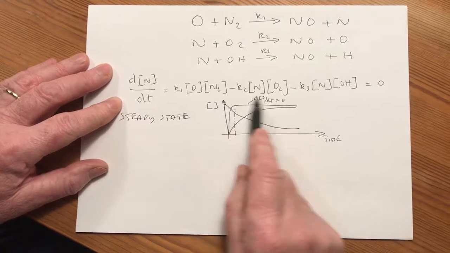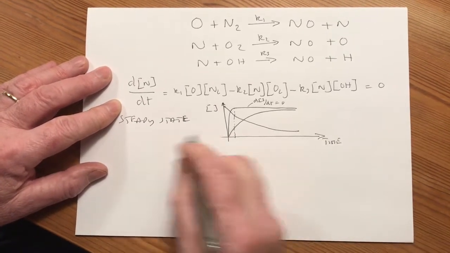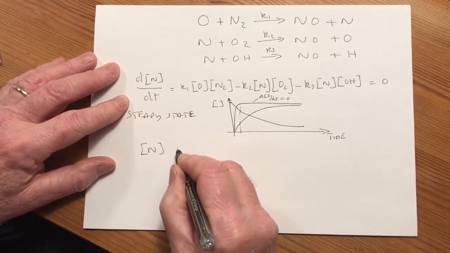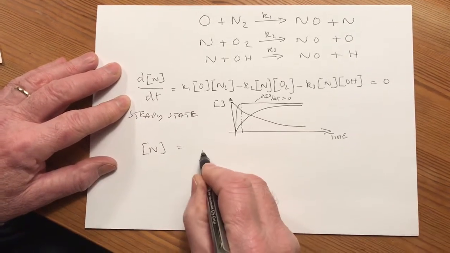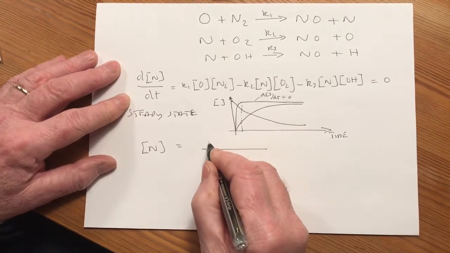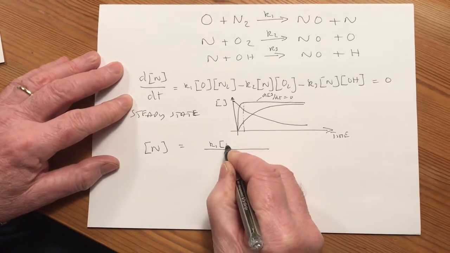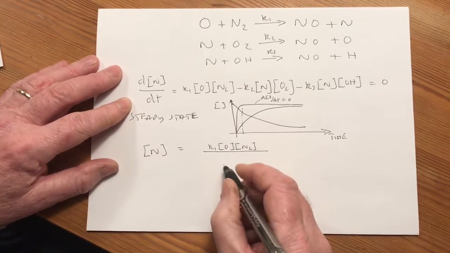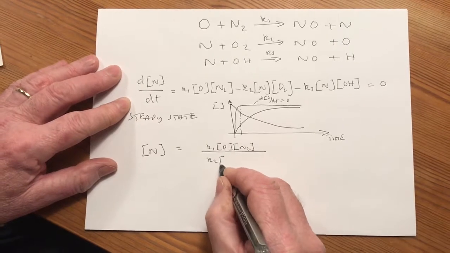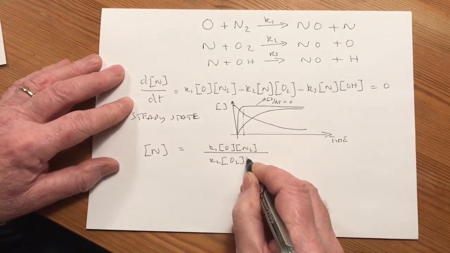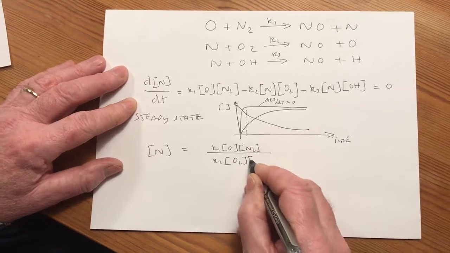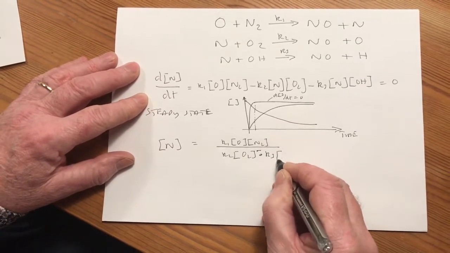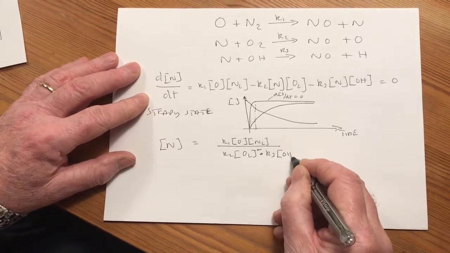Then, if we isolate from this expression the concentration of N, we end up with the following: K1 by O multiplied by the concentration of N2, divided by K2 concentration of O2 multiplied by K3 the concentration of OH.